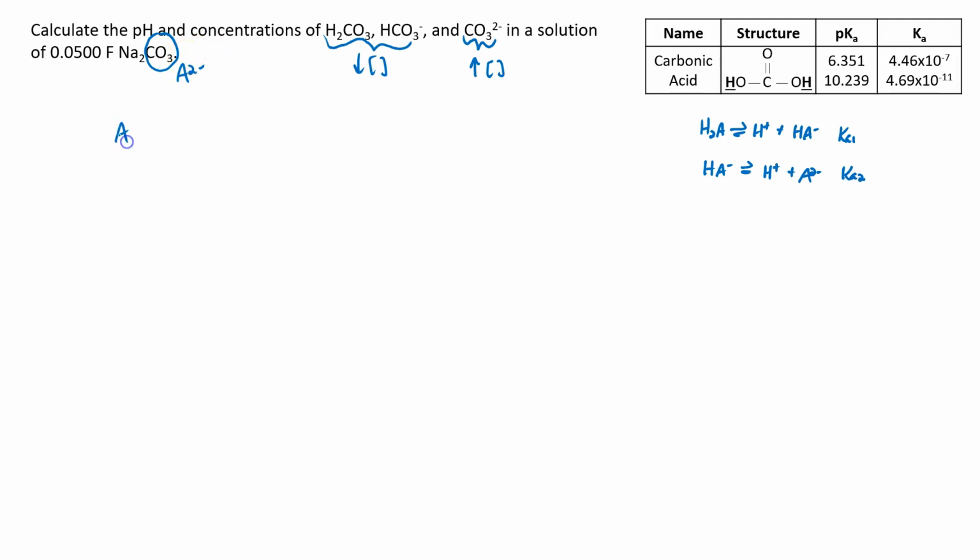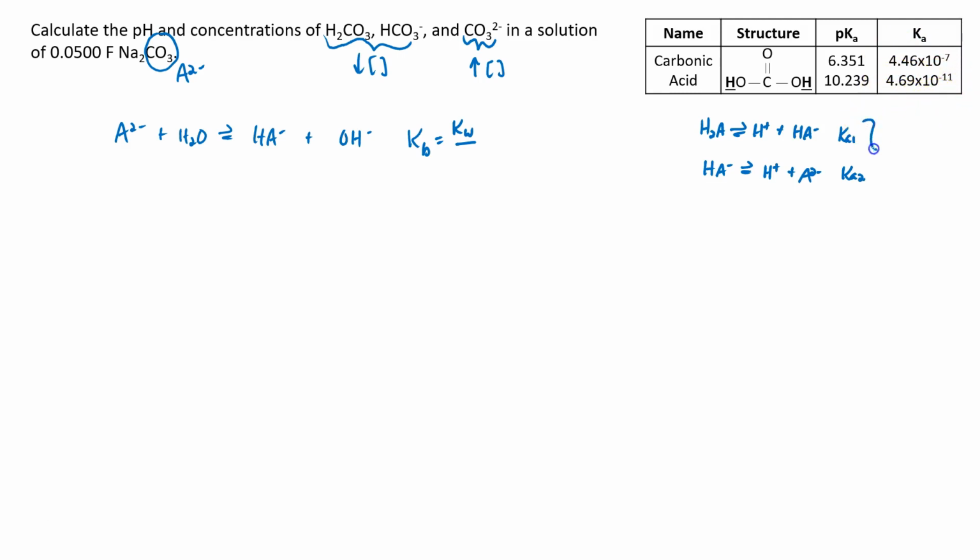Well, it's going to behave, as you're probably thinking, as a weak base to form HA- and OH-. So we probably should calculate a Kb value here, and that'll be Kw over, and then the question is, which Ka do we use? Do we use this Ka1 or this Ka2?